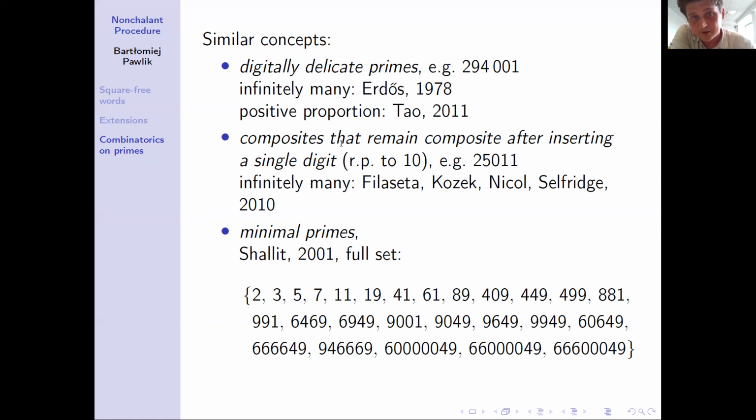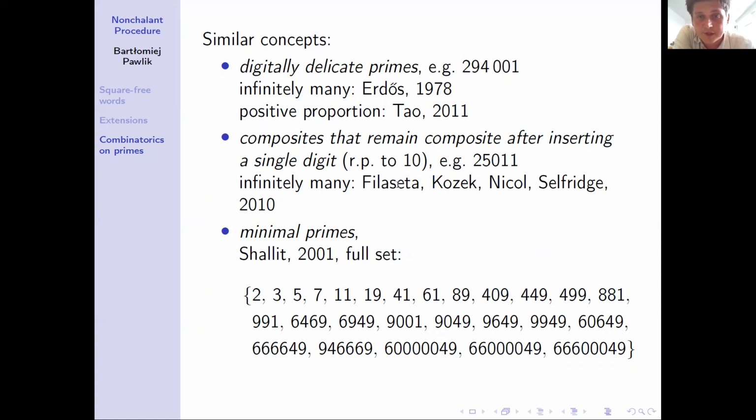We do know that a similar property for composite numbers is proved by Vilaseta. So there are infinitely many composites that remain composite after inserting a single digit between any digits or at the ends.